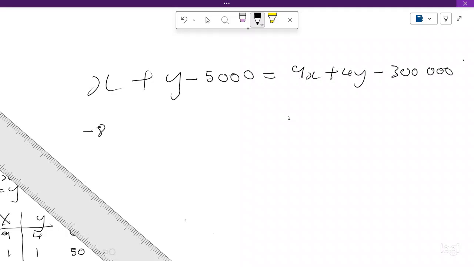You put it in the formula there, which is going to be x. X is equal to 50,000 minus 30,000. X is equal to 20,000.